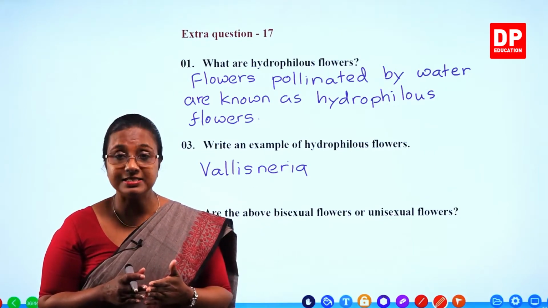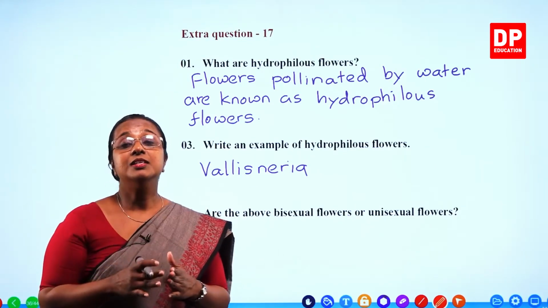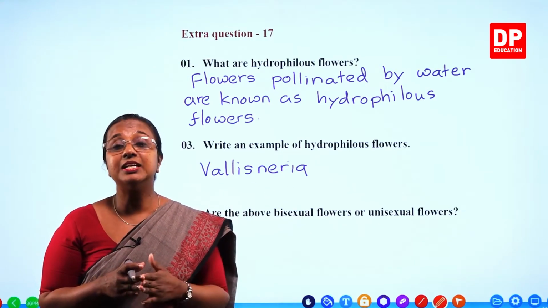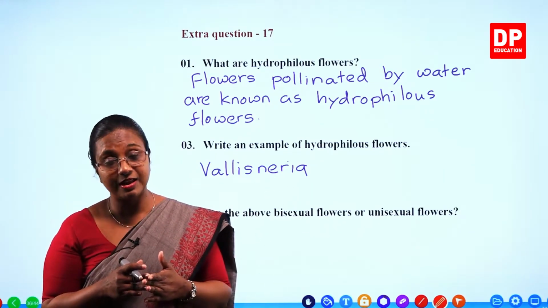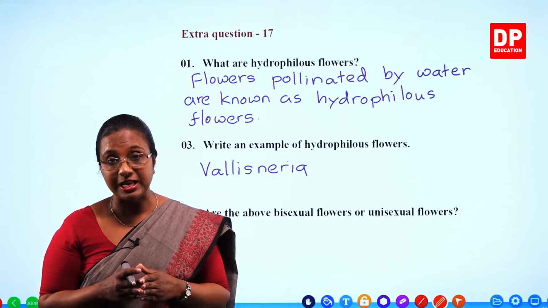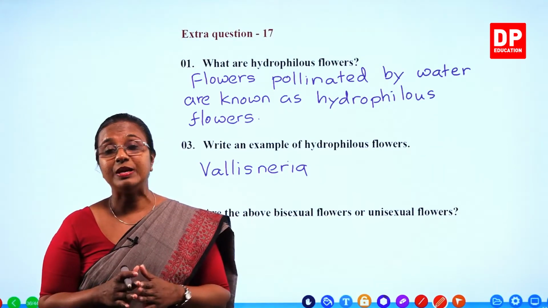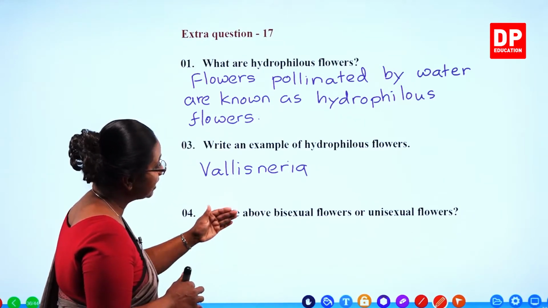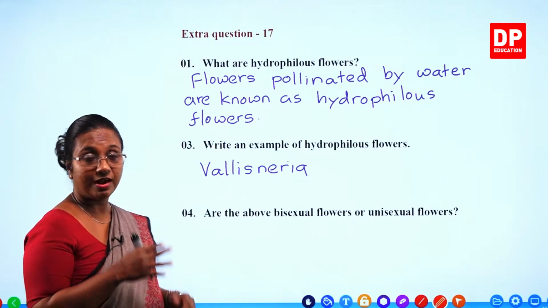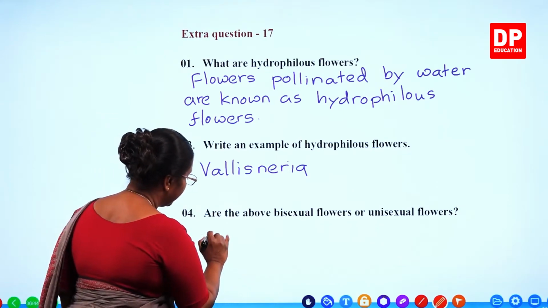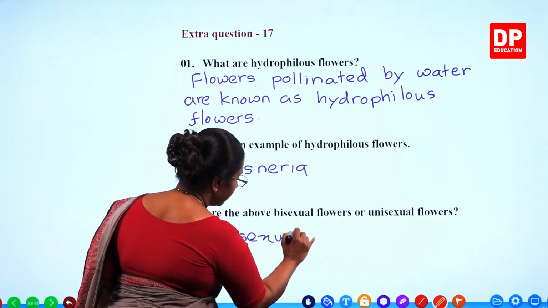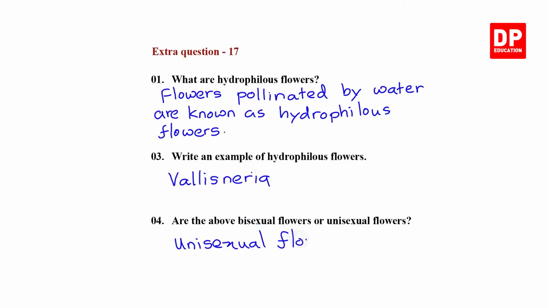So the stigma is there. Then when the stamens of the floating flower come in contact with the stigma of the other flower, there will be pollination. So there it has to be unisexual flowers. The answer will be unisexual flowers.